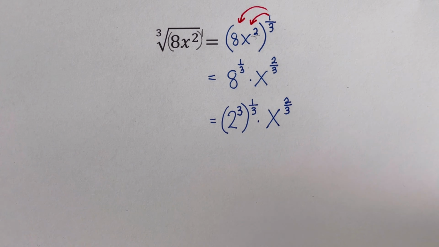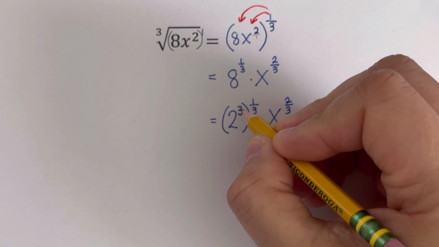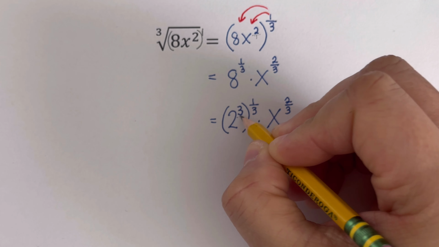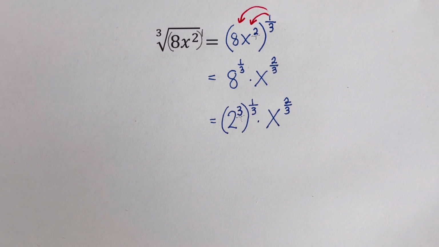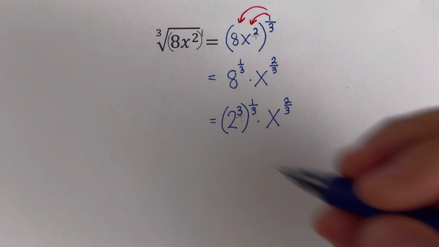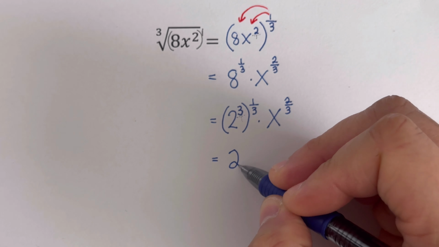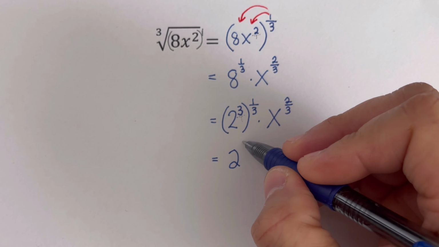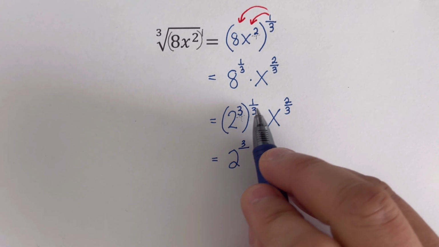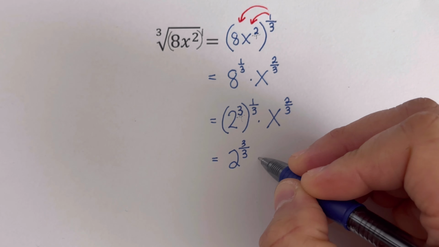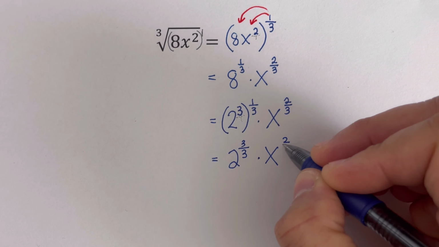Now we remember again that the exponent 3 here has an invisible denominator of 1. So that we can go ahead and simplify this further. This would come out 2 raised to the power, that's going to be 3 times 1 is 3 over 1 times 3 is 3, times x to the power 2/3.